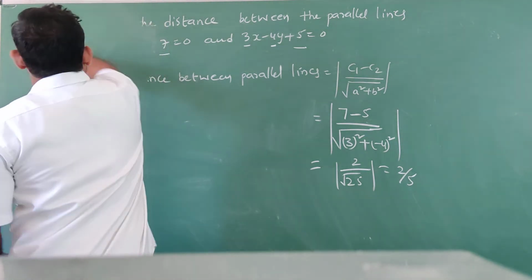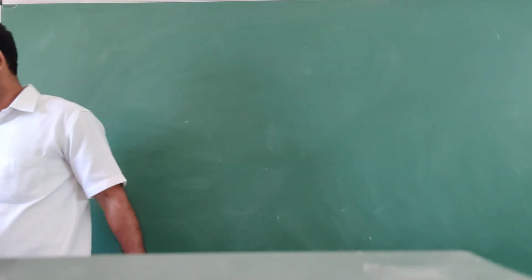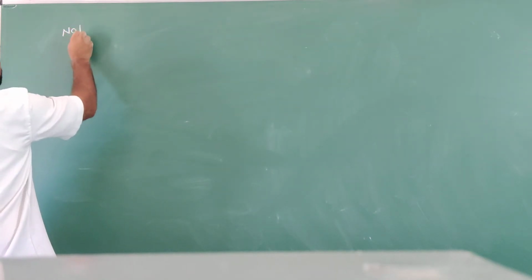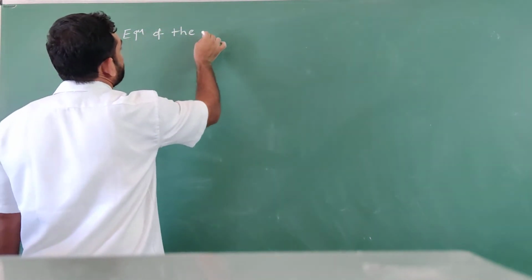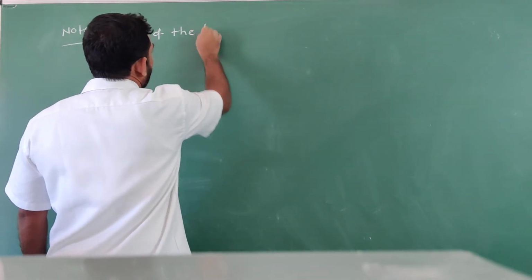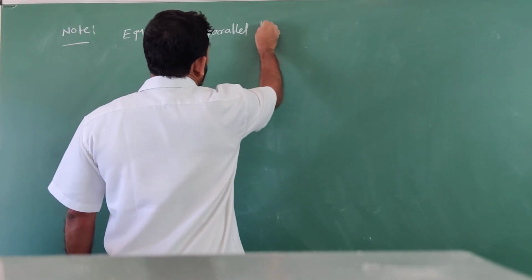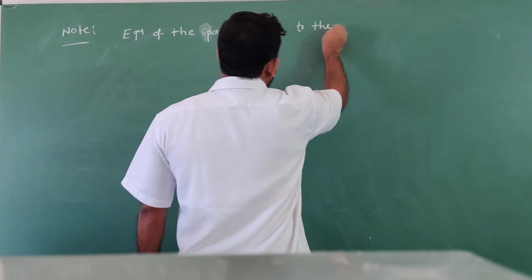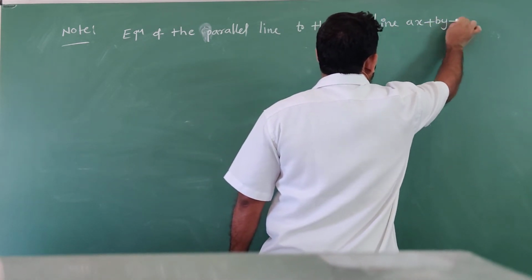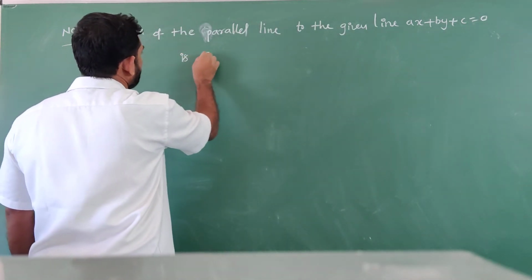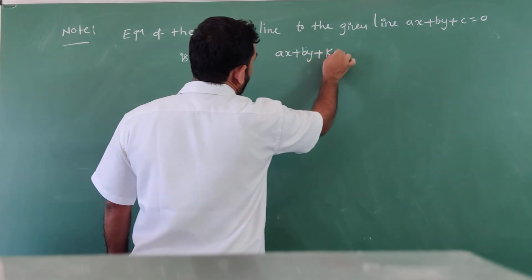Next one. Small note point, you write. Equation of the parallel line to the given line ax plus by plus c is equal to 0 is given by ax plus by plus k is equal to 0.